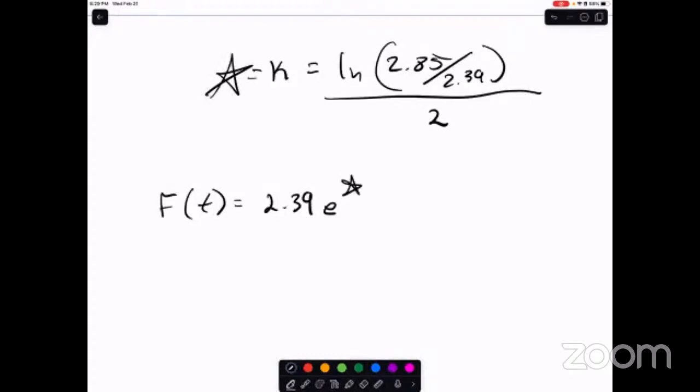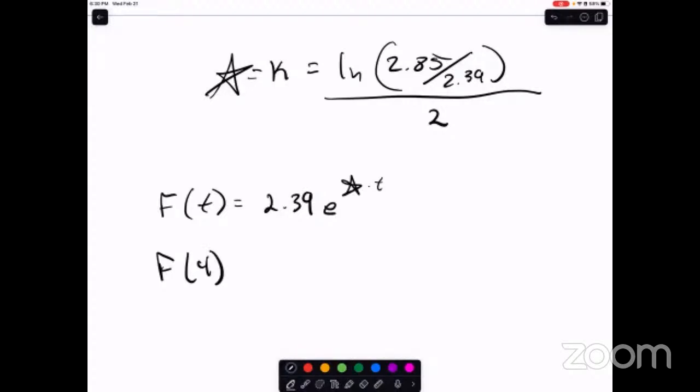We want to evaluate 4 years later, so we're going to put this into our function and evaluate it when T is 4.